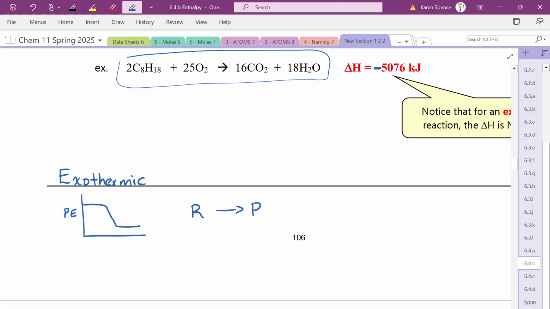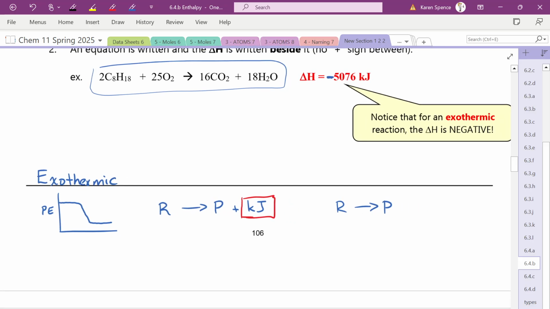Do the kilojoules go on the left side or the right side? They go on the right side. And if we have exothermic and we have reactants going to products, the delta H will be positive or negative? Negative. So you should know all of those things.